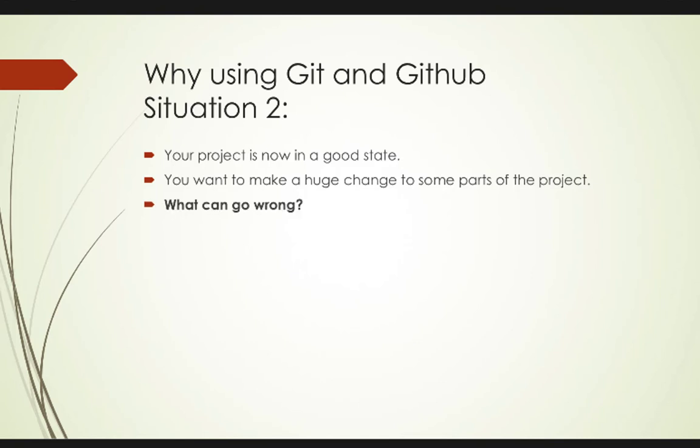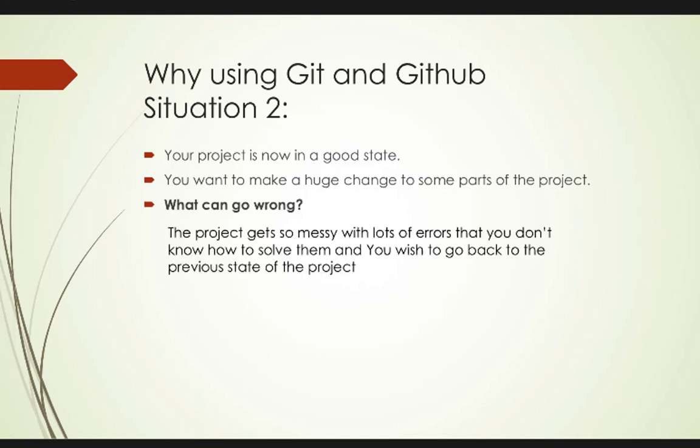What can go wrong in this situation is that the project can get messy. You're receiving lots of errors and you don't know how to solve them, and you wish you could go back to the previous version of the file where everything was fine. But you cannot do that. You can press Ctrl-Z several times, but that's not really practical.